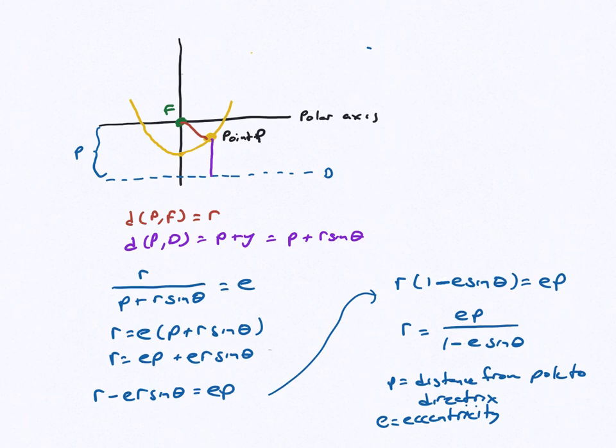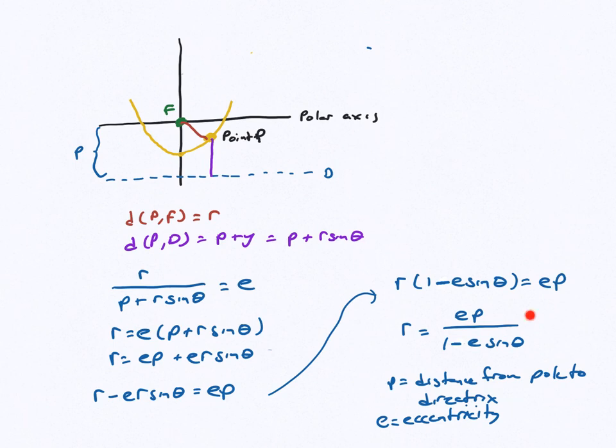Now I want to solve for R. So I'm going to pull out a common factor. So I have R times the quantity of 1 minus E sine theta equals EP. And then I divide by 1 minus E sine theta, and I get R equals EP over 1 minus E sine theta. Now the thing to remember on this, P is the distance from the pole to the directrix, and E is the eccentricity of our conic.